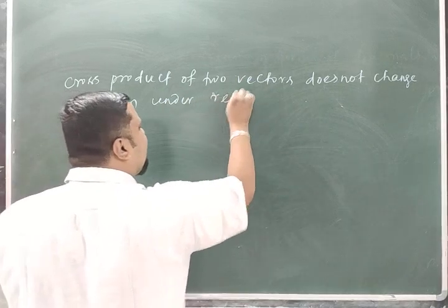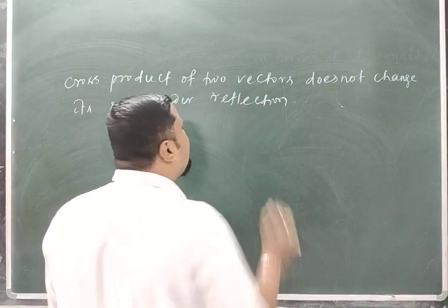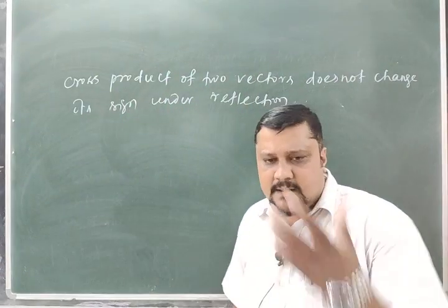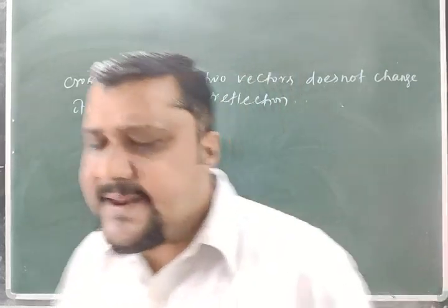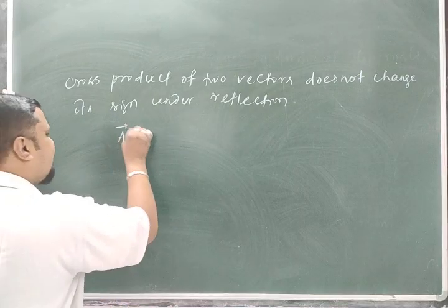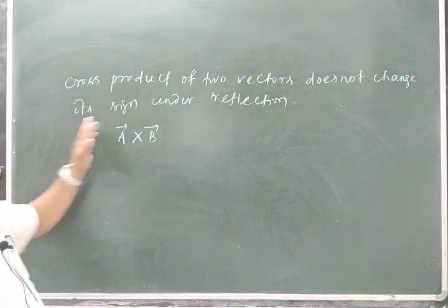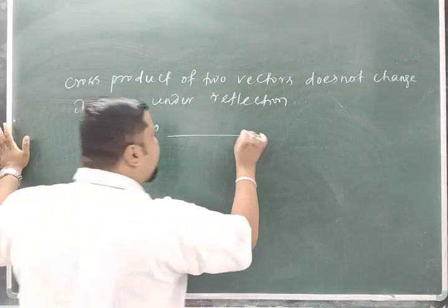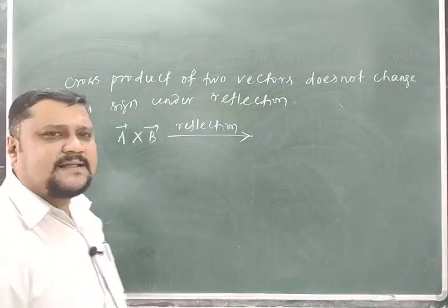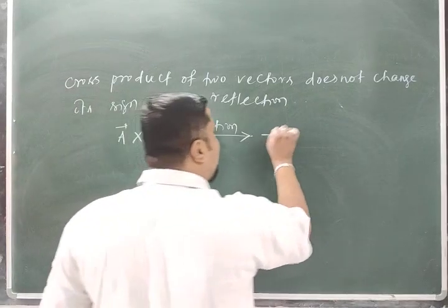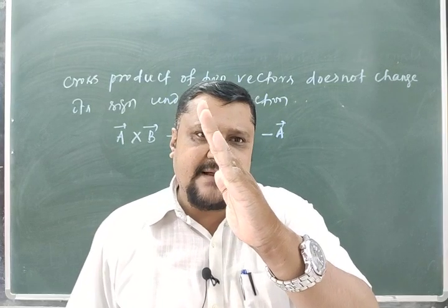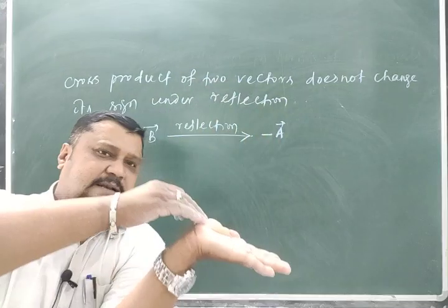What is this reflection? As you stand in front of the mirror, you get your image, that is because of reflection of light. Similarly, under this reflection, suppose a vector A cross B is given. If A and B are standing in the mirror, its reflection means A changes to minus A. A is in this direction; if you see it in the reflection, A will be like this, its opposite, a negative vector.